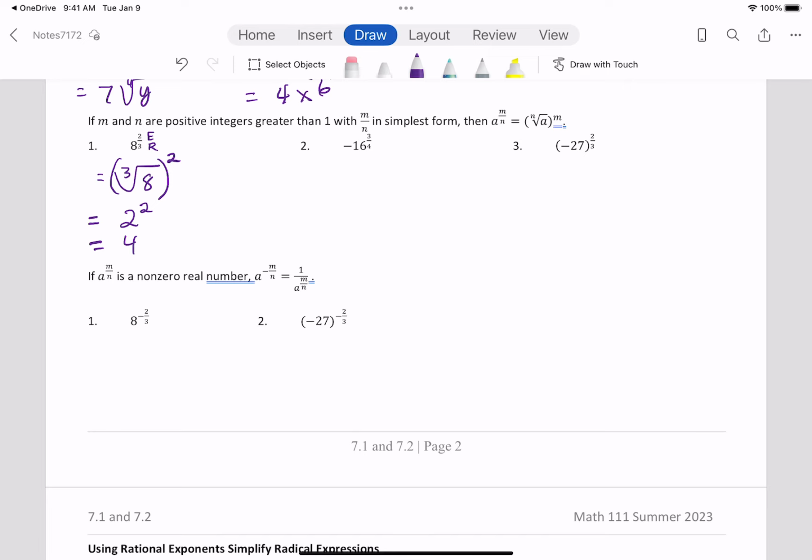For the second one, the first thing we want to do again is write it as -1 times 16 to the 3/4. Then this is my exponent, and this is my root. So we have the 4th root of 16 raised to the 3rd power.